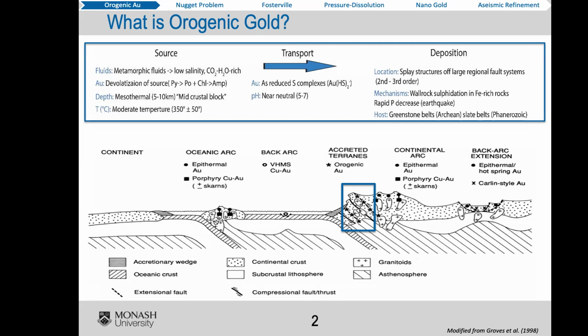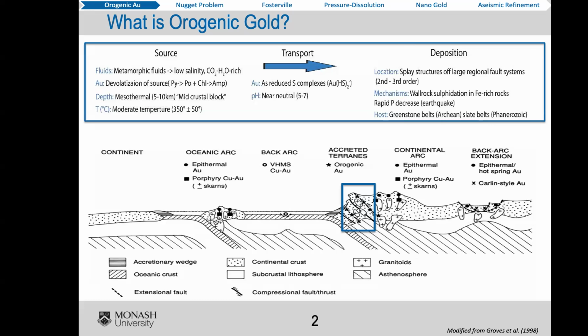You have devolatilization of a metamorphic source rock around amphibolite conditions. So it's normally pyrite to pyrrhotite for metals and sulfur, and then water comes from dehydrating hydrous minerals. Mesothermal depths, mid-crustal block. Temperatures there can be lower than 300 degrees when they come from. Not too much higher. You can't get too much higher for orogenic deposits.